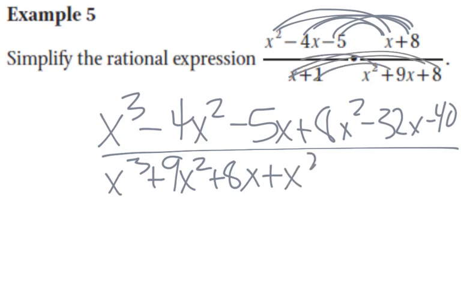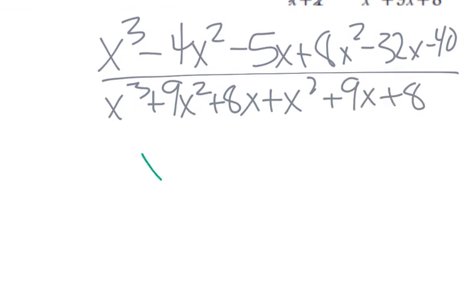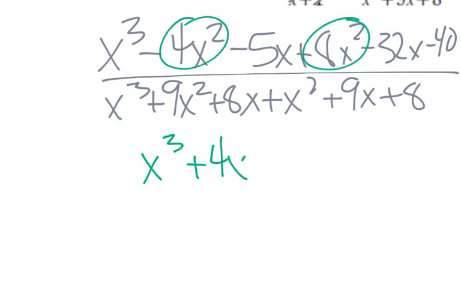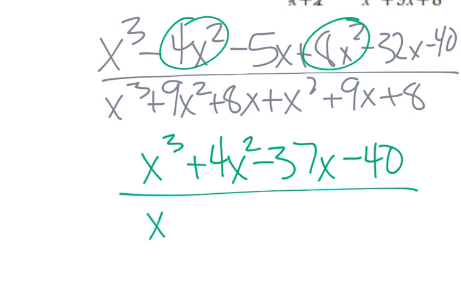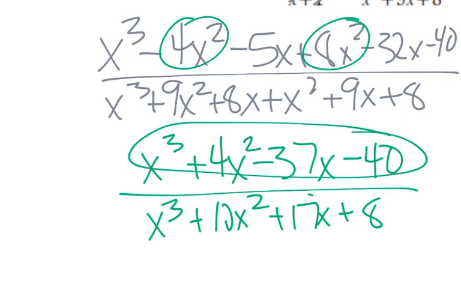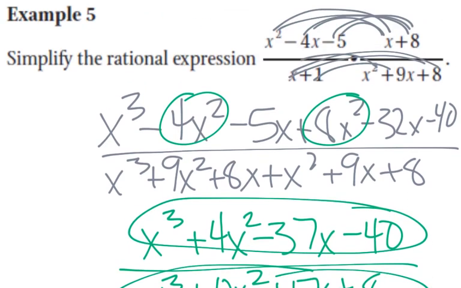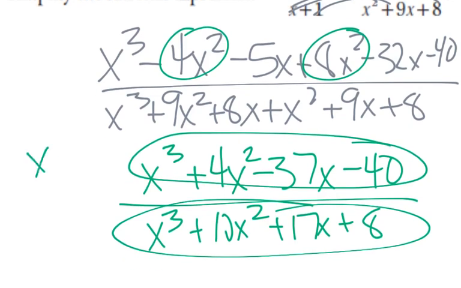Because it's x plus 1, it's pretty simple. And then you would have simplified, getting x cubed plus 4x squared minus 37x minus 40 on top. And on the bottom, x cubed plus 10x squared plus 17x plus 8. And you would have been able to factor these down until we had, like, x minus 5 over x plus 1. Something like that.